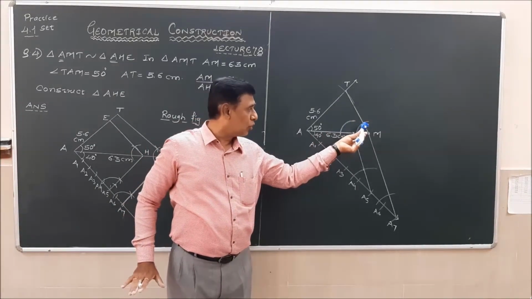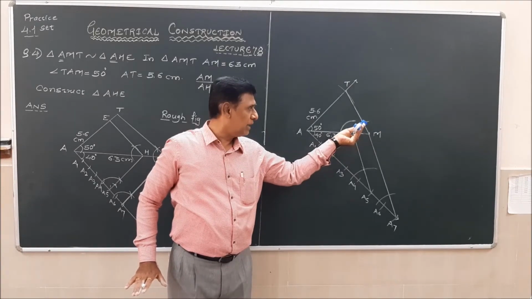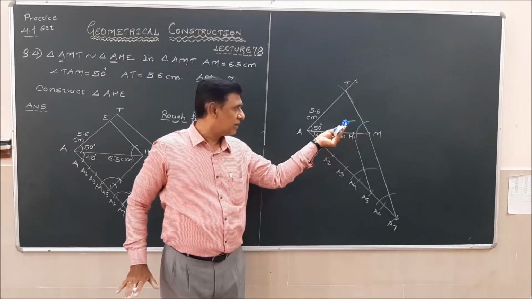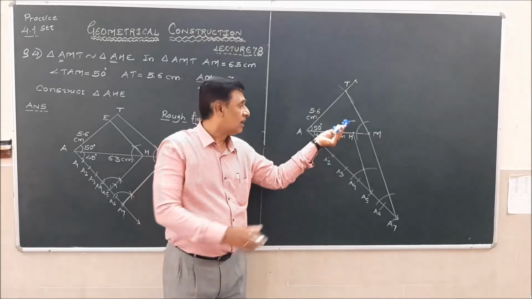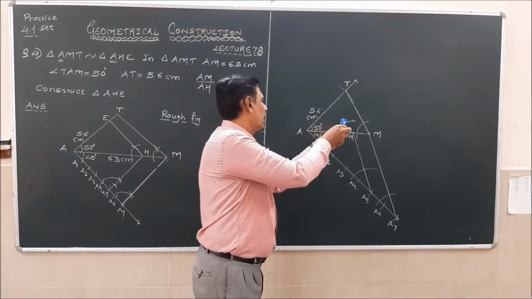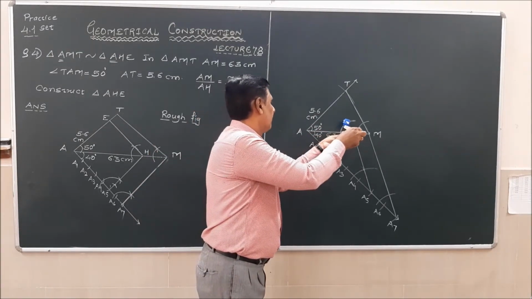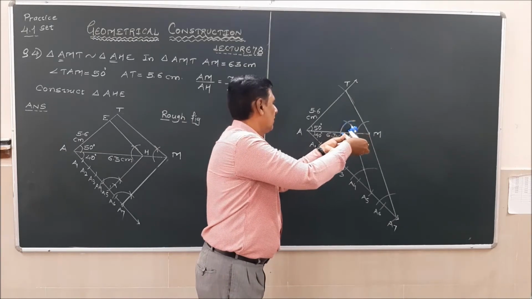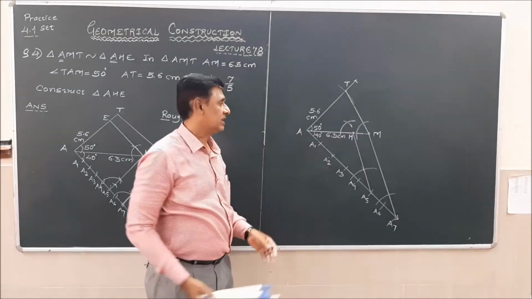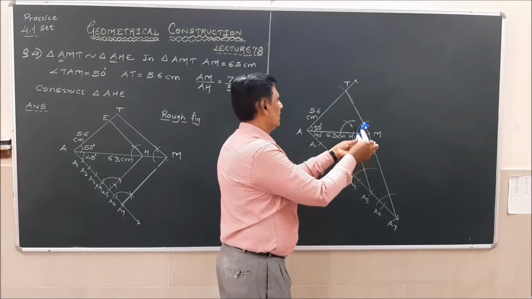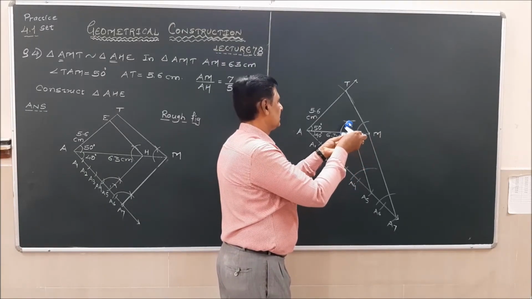Placing the middle point, don't change the distance, simply lifting the middle point from here, draw an intersecting arc. Very, very important. This distance is the same.